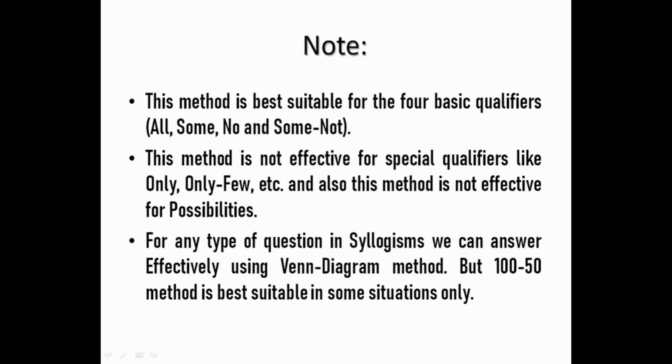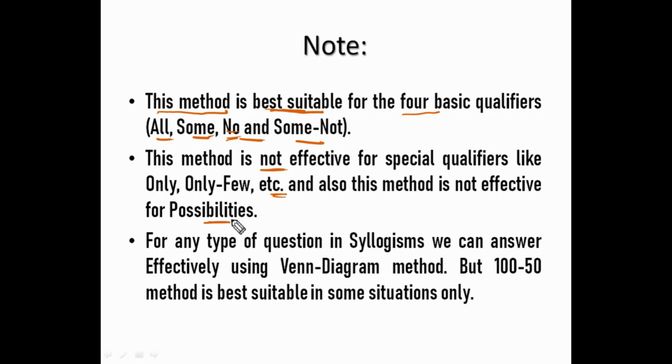Now see some points regarding this method. This 150 method is best suitable for only 4 basic qualifiers: all, some, no and some not. It is not only applicable, it is best suitable for these 4 qualifiers only. This method is not that effective for special qualifiers like only, only few, etc. Also this method is not effective for possibility cases. We can solve the question using the 150 method for possibilities also, but that is not effective.